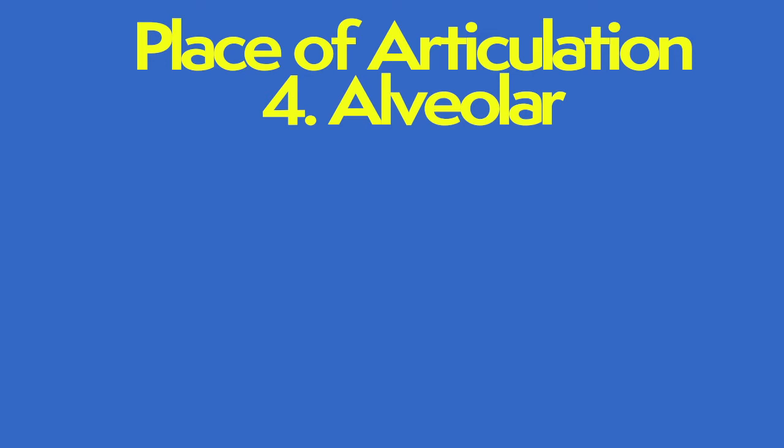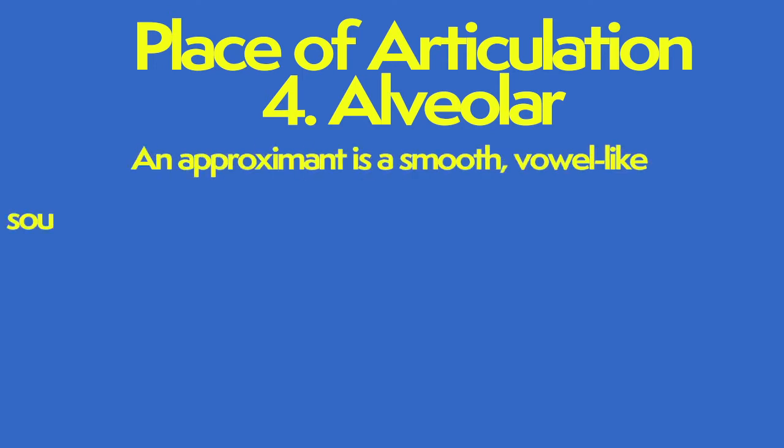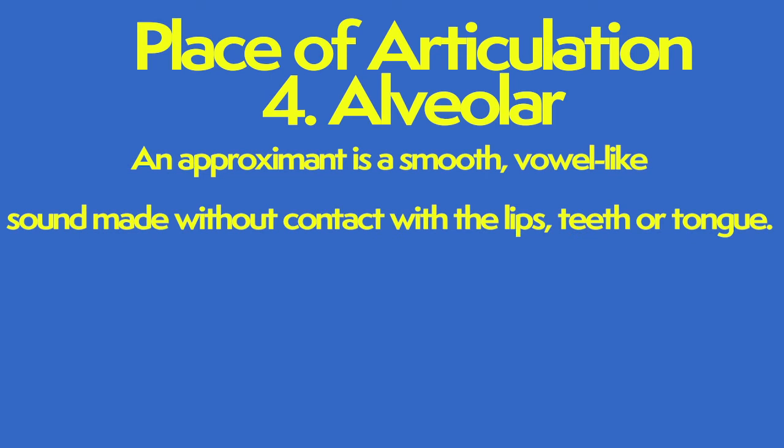Now there is one more alveolar consonant. It is an approximant. Do you remember what an approximant is? It's a smooth vowel-like sound made without contact. So we have the approximants w as in watch, r as in rug, y as in yet, and l as in look.